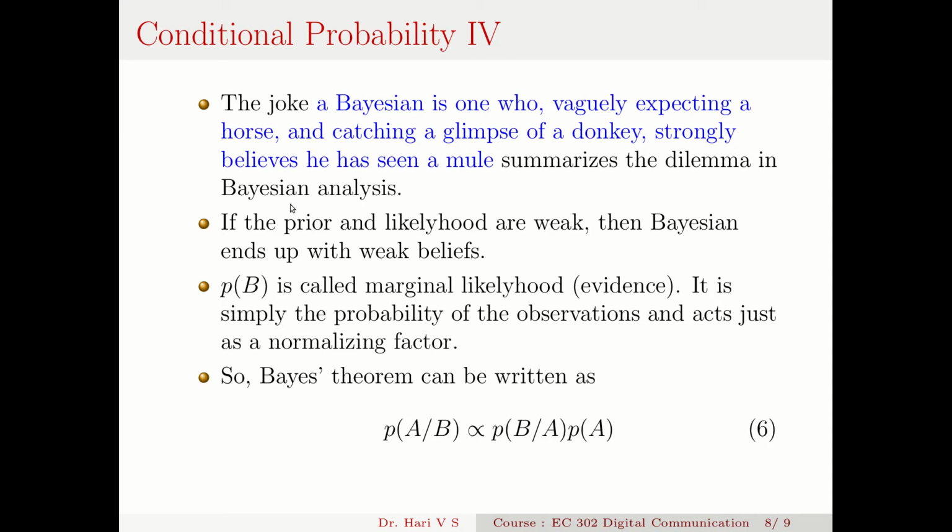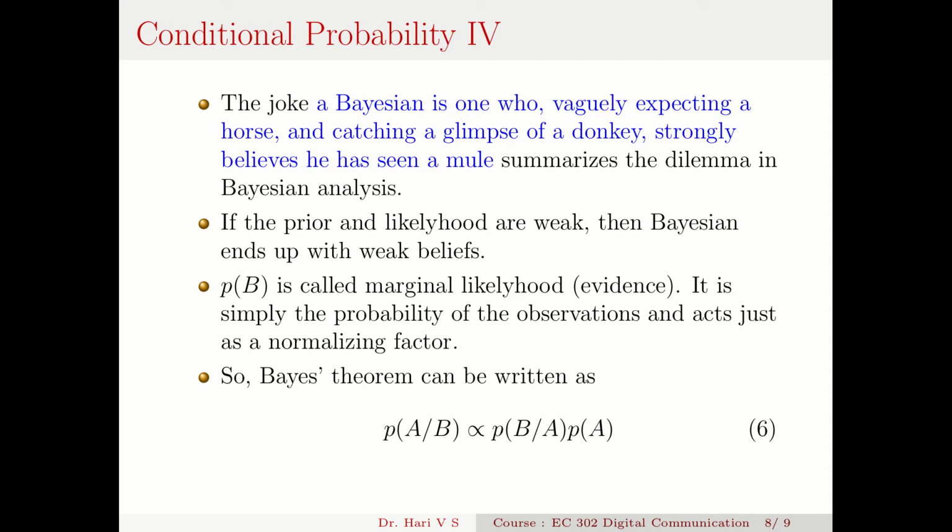You are expecting a horse. What is the horse here? It is the transmitted signal. We do not know what it is, we haven't seen this horse before, but I know something is there. Then I got a glimpse of a donkey, I saw the tail of a donkey. What is that donkey in our case?